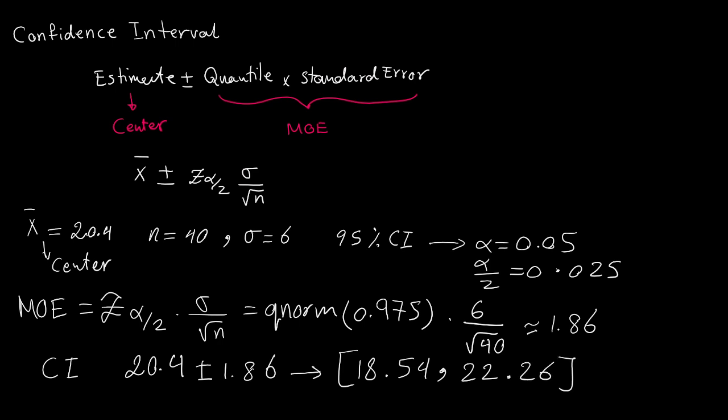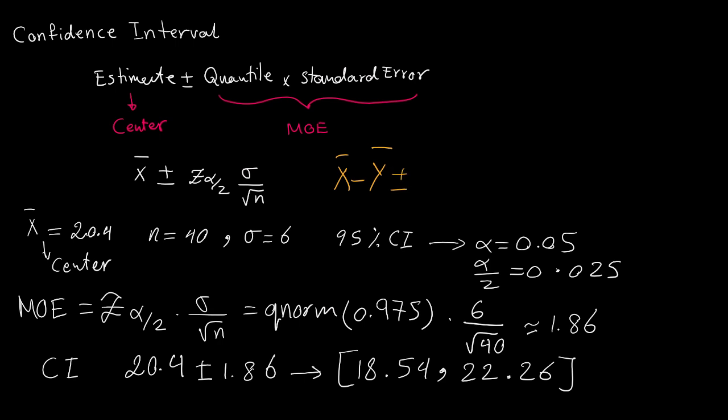Now, if I want to find the confidence interval for the difference between two means, then the center, instead of x bar, becomes x bar minus y bar, where x bar is the sample mean for one population and y bar is the sample mean for another population. So this is the center part.